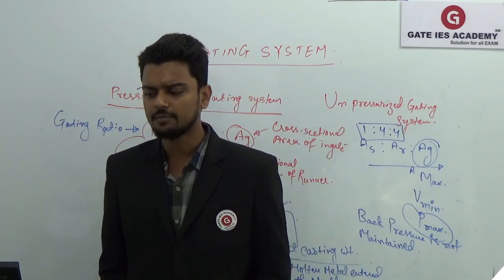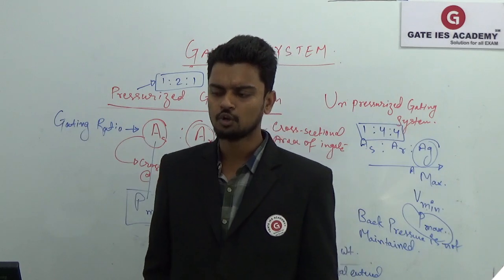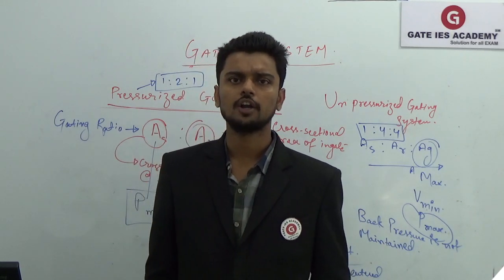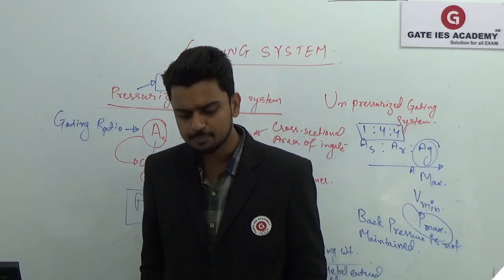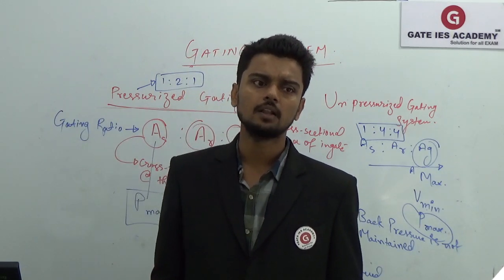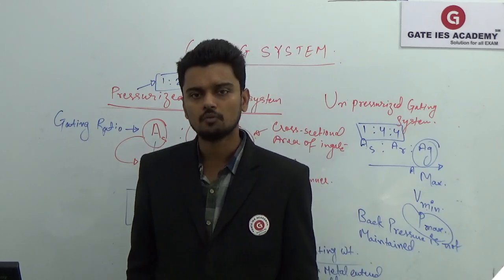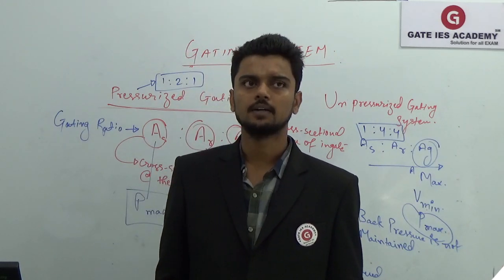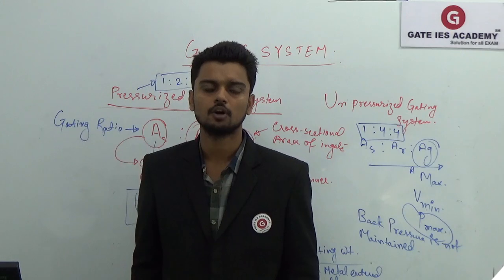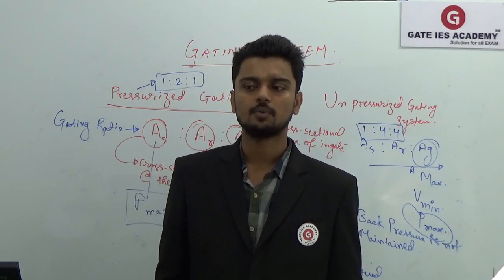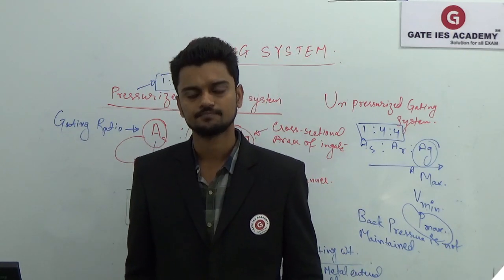And it was given by Chvorinov's rule that the heat present in your molten metal is directly proportional to the volume, and the transfer of heat or cooling rate is directly proportional to the surface area.